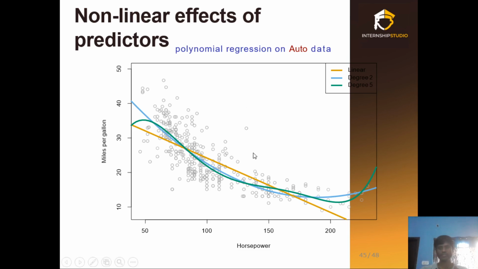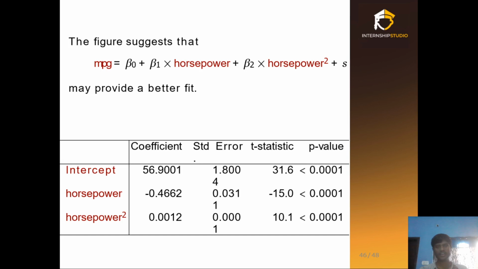We have already tried to calculate the respective scores, and you can see that polynomial regression is doing much better than the general linear regression. You can see the MPG value here, and the polynomial term here, so you have degree 2 polynomial horsepower.